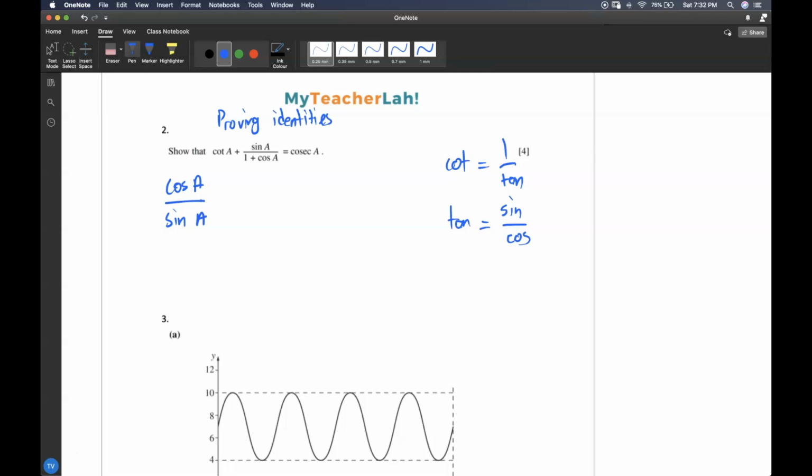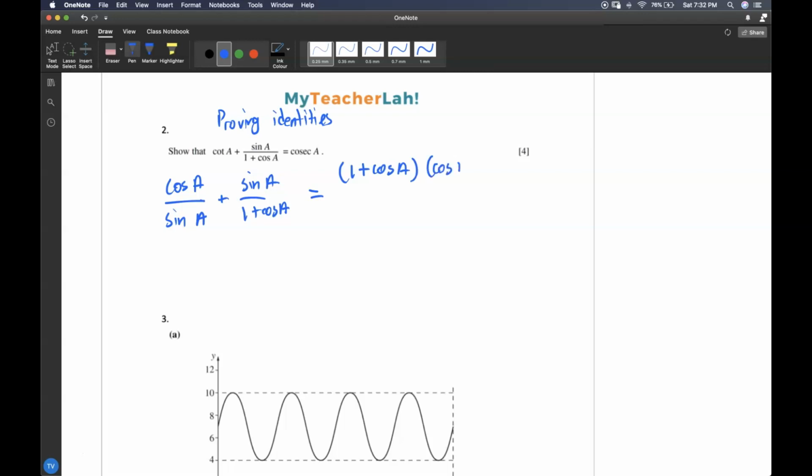Alright, for some of you this might be easy, but for some of you I'll just explain a bit more in detail so that everyone can actually follow. Okay, so just copy back this. Right, so I'm just going to erase this for now. Leave that space. Alright, so this is equivalent to 1 plus cos A. So what I'm trying to do is that I'm going to do a cross multiplication.